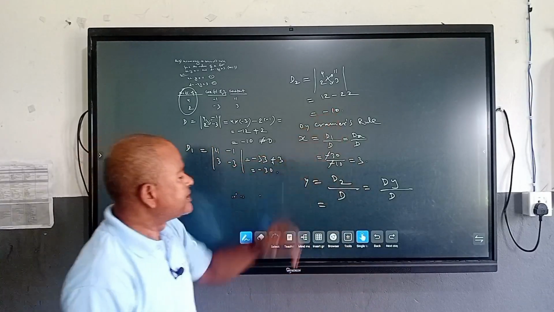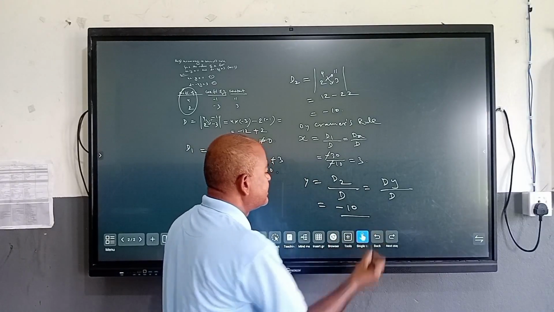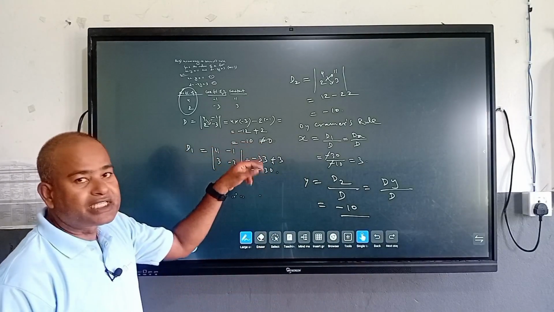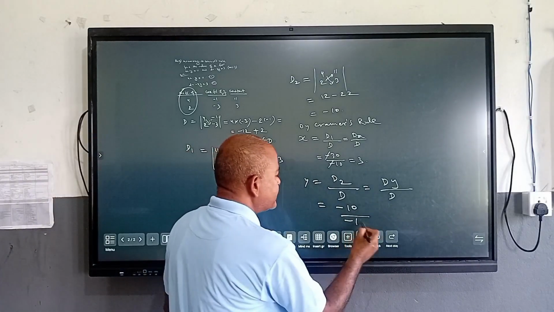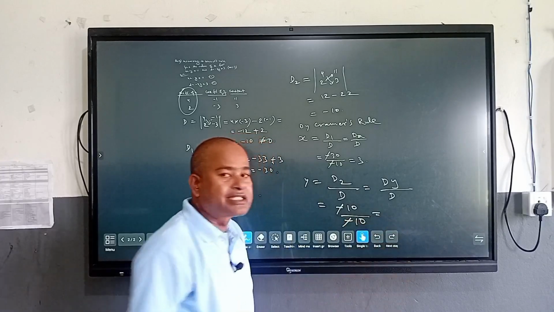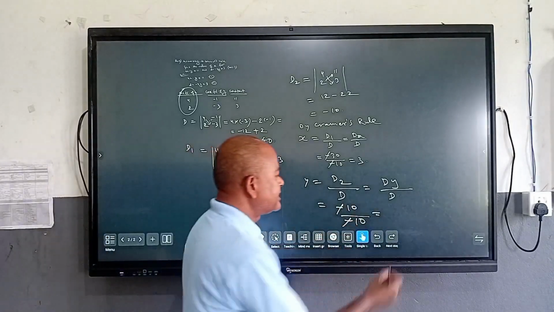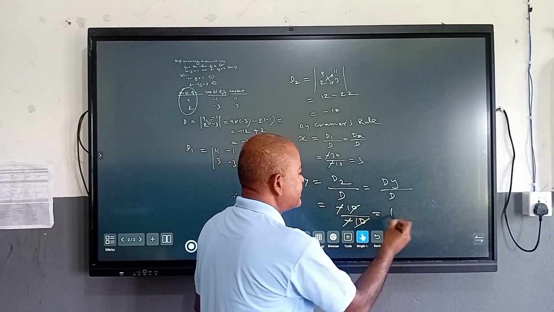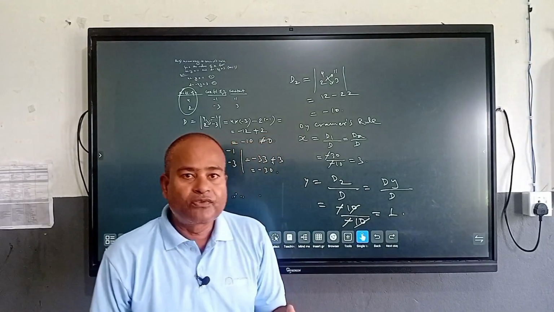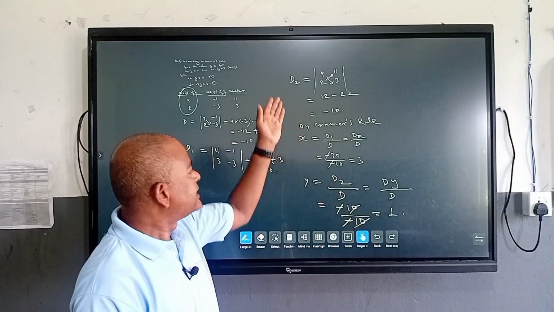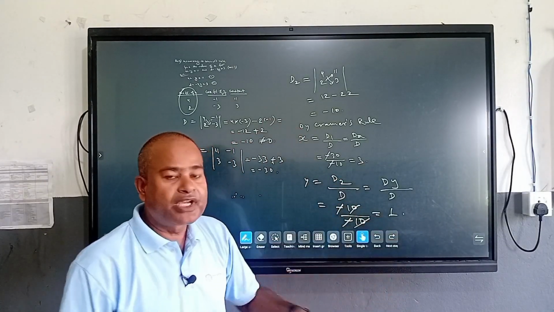The value of d2 is minus 10, and the value of d is minus 10. Minus minus we can cancel. When 10 is divided by 10, we get 1. This is the value of y. So the value of x is 3 and the value of y is 1.